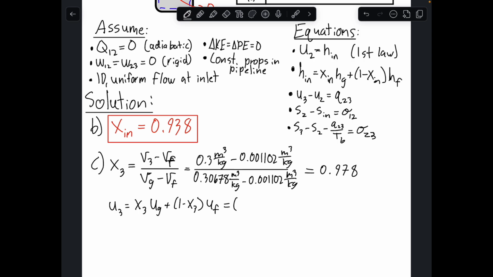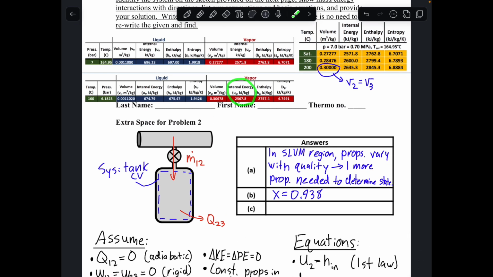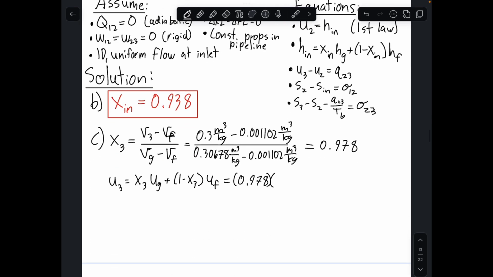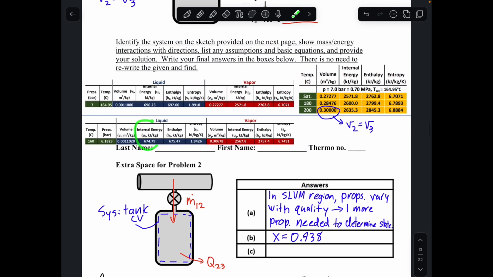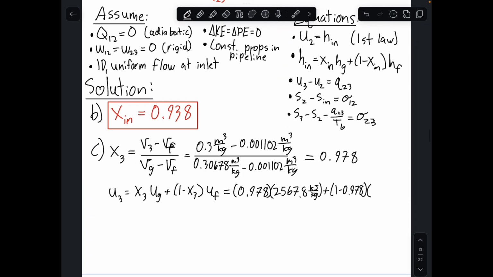So again, we can get these values from our table. X3 we just found is 0.978 times UG, which from our table is this internal energy value, 2567.8 kilojoules per kilogram, plus 1 minus 0.978, which is our X3 value, times our UF value, which we get from the table is 674.79 kilojoules per kilogram.